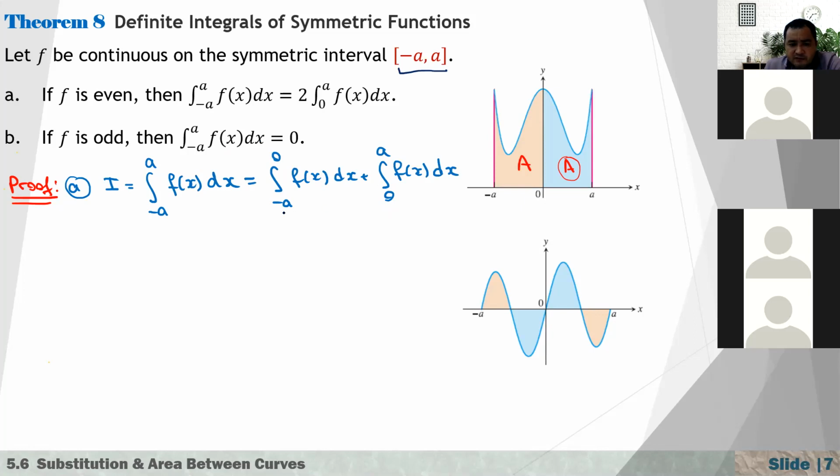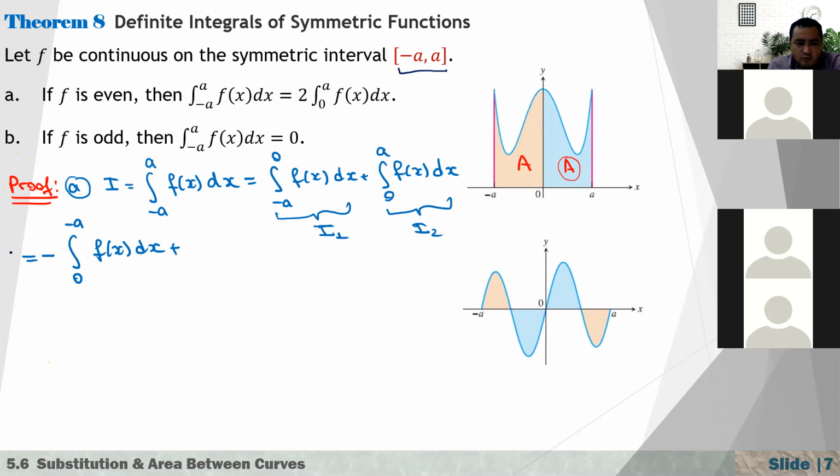Now the first part, I can write it as minus, just interchanging the integration limits, the integral from 0 to minus a of f of x dx. Let me denote this one as I1, and this one is I2.